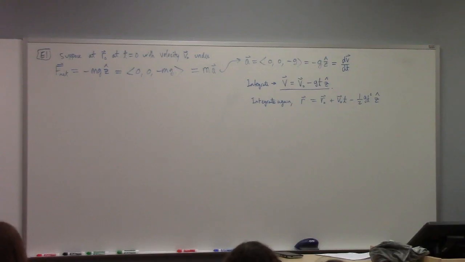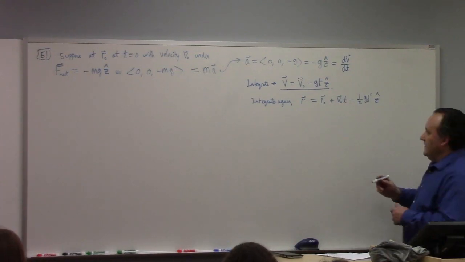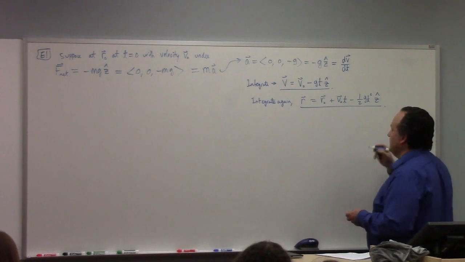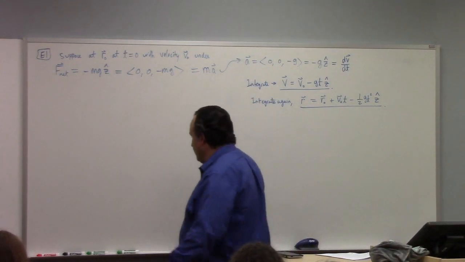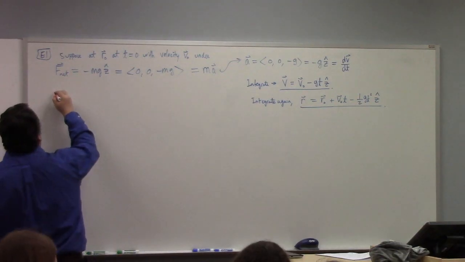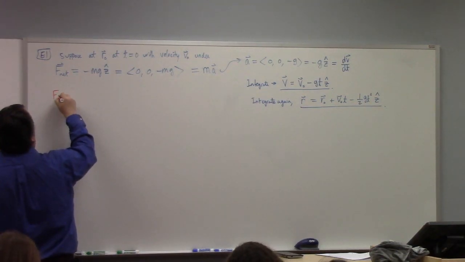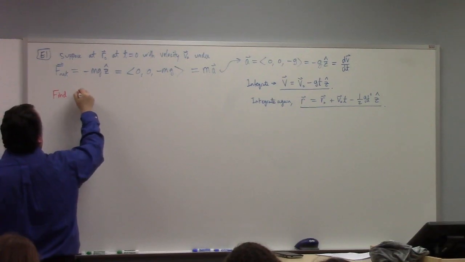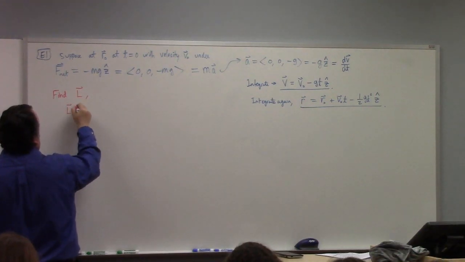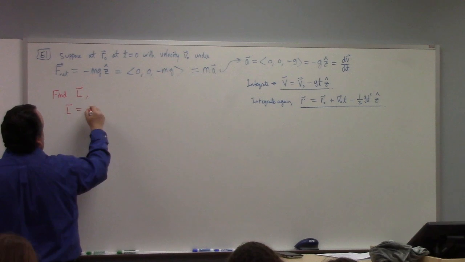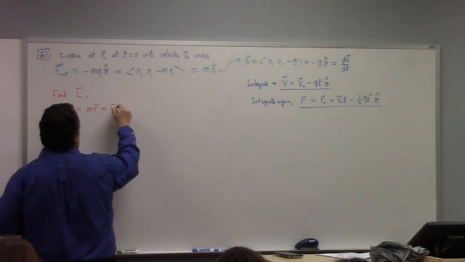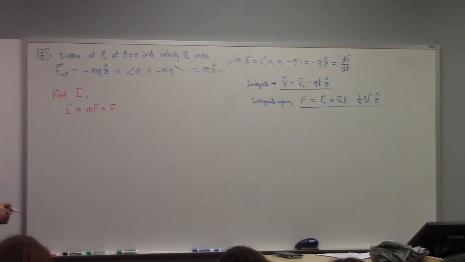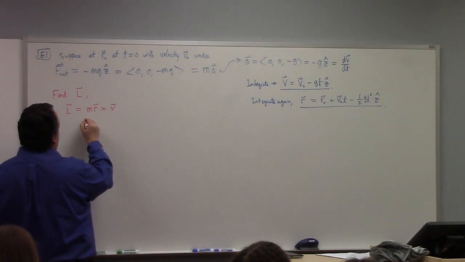So now what we can do is we can calculate the angular momentum, right? Let's go ahead and calculate the angular momentum for this. So find angular momentum. We know L is equal to m r cross v, that's the angular momentum here, and I'm doing it with respect to the origin.